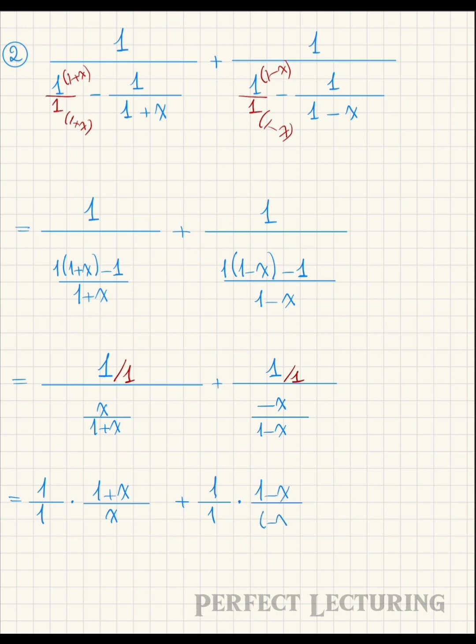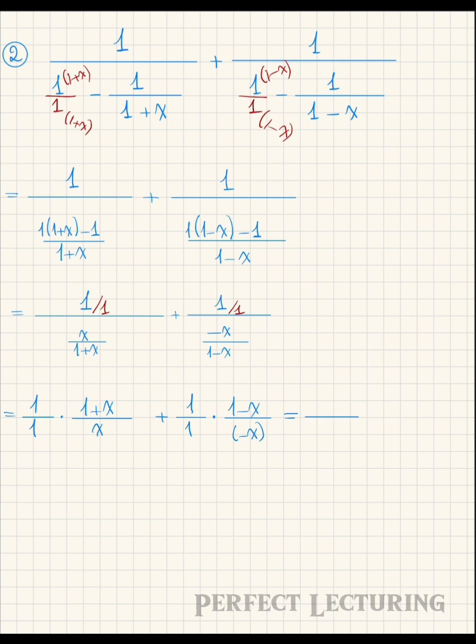over negative x, which is equal to 1 plus x over x plus 1 minus x over minus x. Now here, we can multiply the plus with the minus, so it becomes 1 plus x over x minus 1 minus x over x, and we've got a common denominator right away.